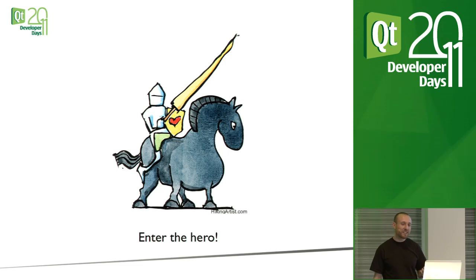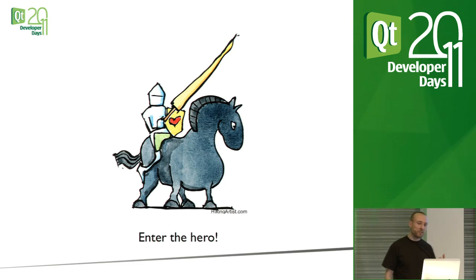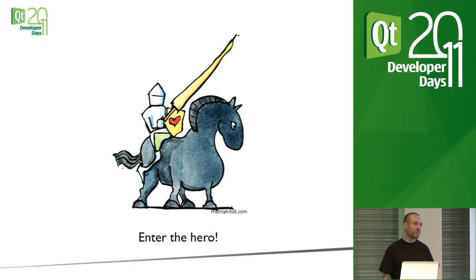And they have done a framework that has saved me countless sleepless nights, and I would attribute the little hair I have left on my head to them. I would have much less if they hadn't done their job, because they created the Q state machine in Qt.